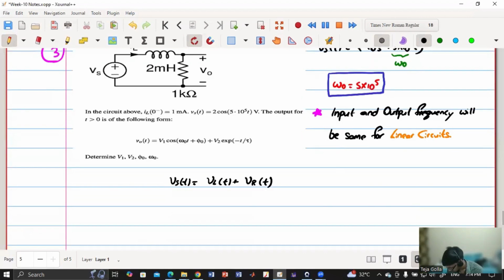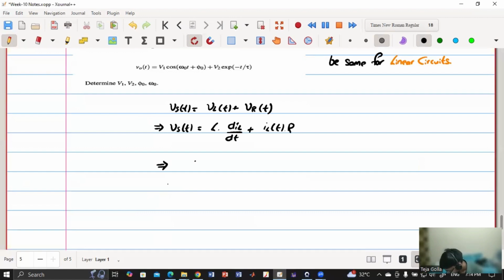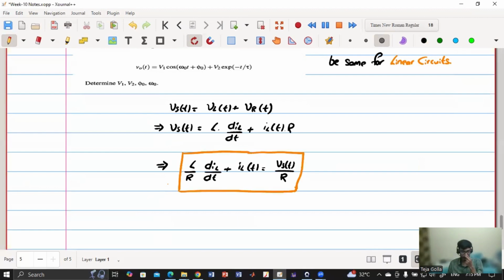Now VL is L into dIL by dt, plus VR of t is IL of t into R. From this I can get the differential equation, which is L by R dIL by dt plus IL of t is equal to Vs of t by R. This is the differential equation, and we are going to substitute the generalized expression of IL in it. So clear until this point?